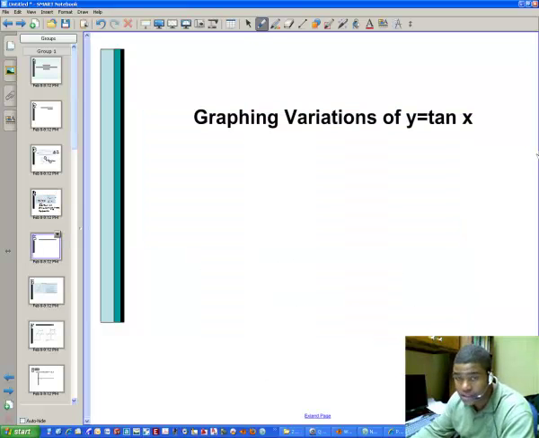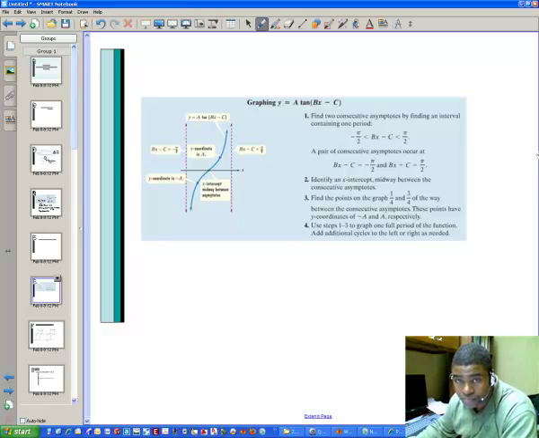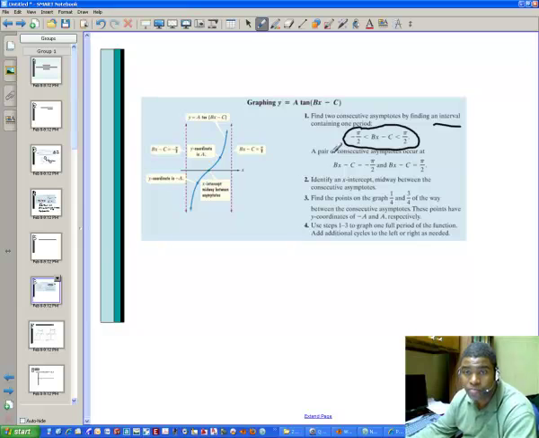Now there are variations as it relates to y equals a tangent of x, just as with the sine and cosine functions. The period is calculated a little differently, but first we need to find what we call intervals. That will be our first step, and we use this particular formula to calculate the intervals. The intervals are our asymptotes.